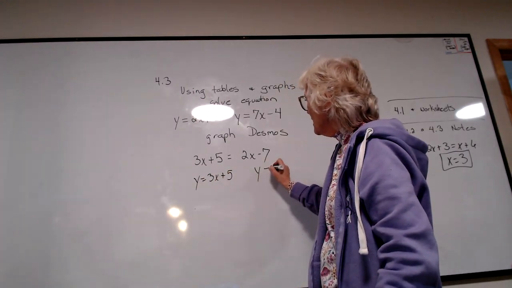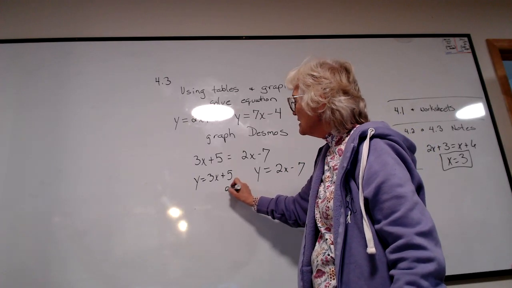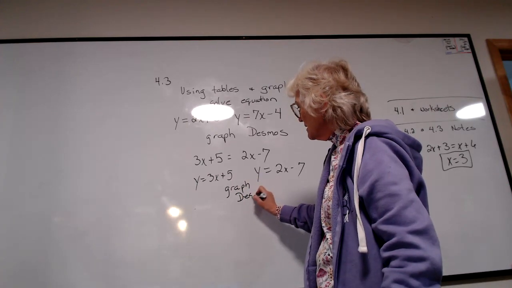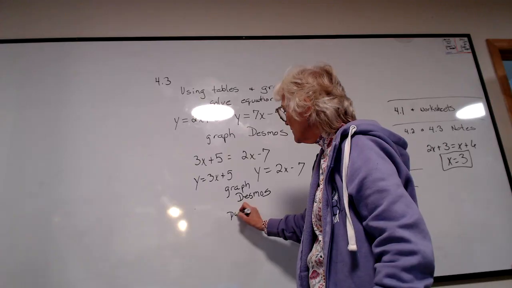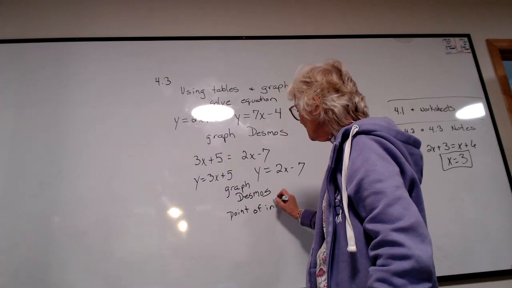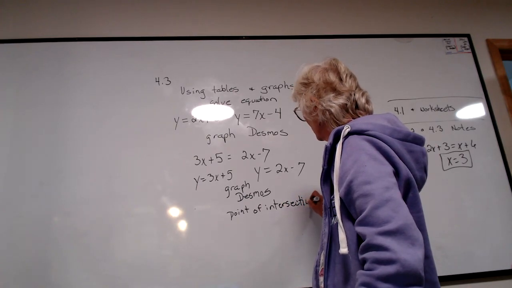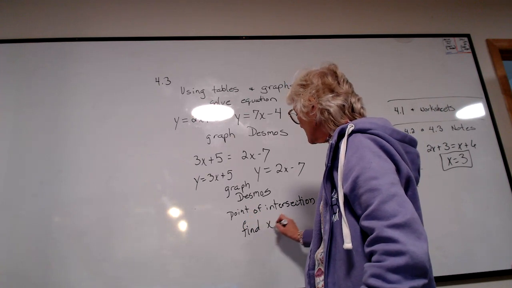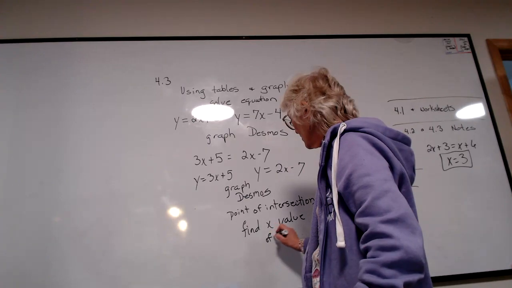You can make it y equals 2x minus 7. Graph them on Desmos. And look for the point of intersection is what it's called. That's a funny word for just saying find the x value of where they cross.